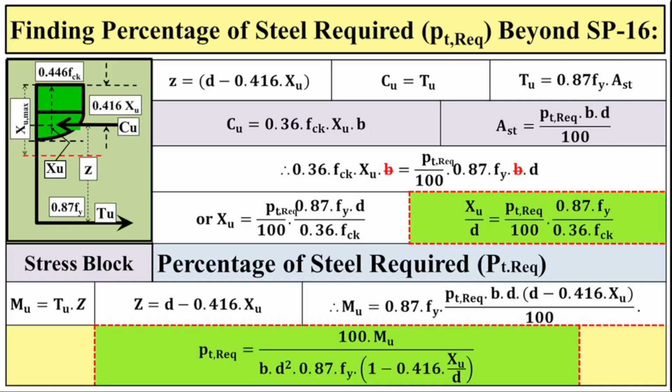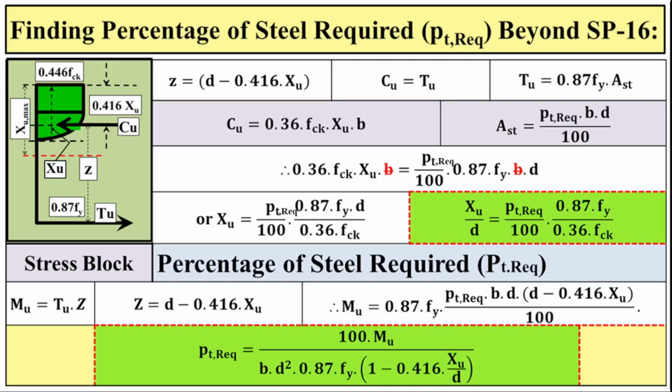The moment of resistance Mu is given by Mu equals Tu into Z, where Z equals D minus 0.416 XU. Substituting for Tu and Z, Mu equals 0.87 Fy into PT required into B into D by 100 into D minus 0.416 XU.